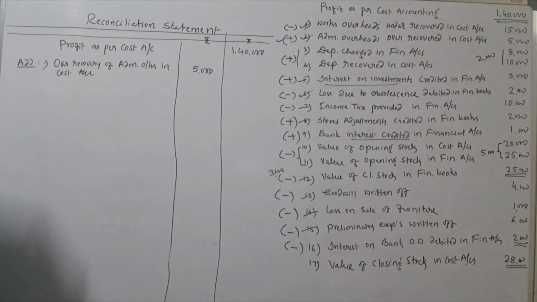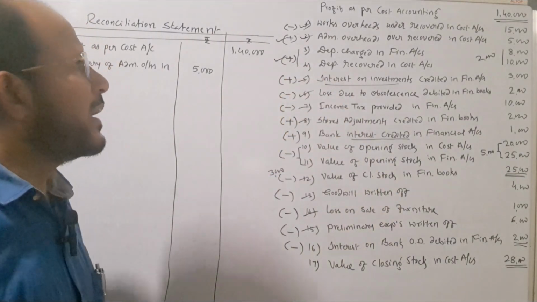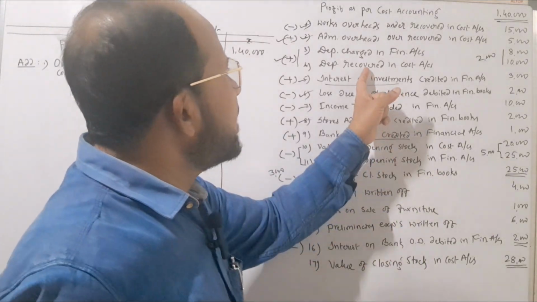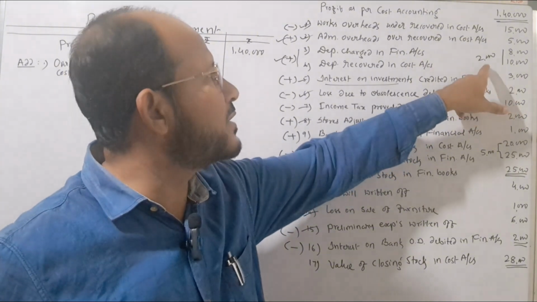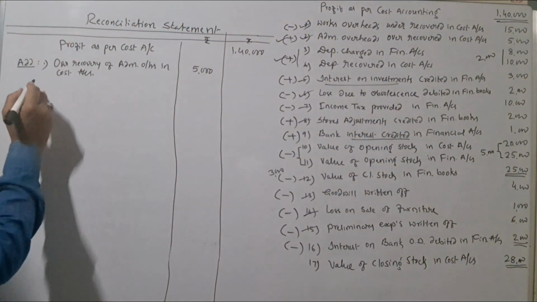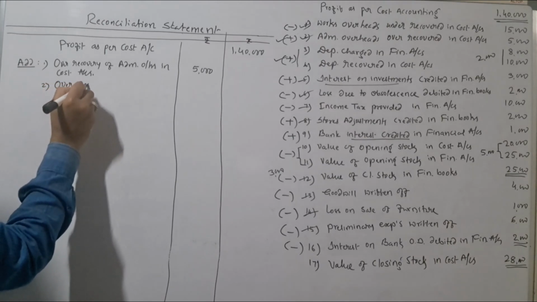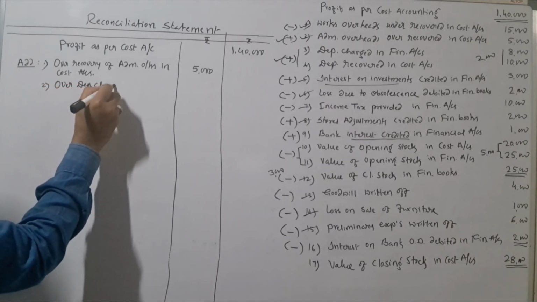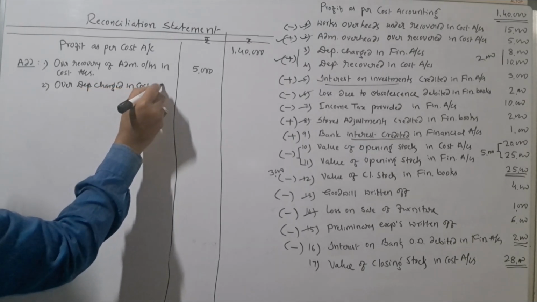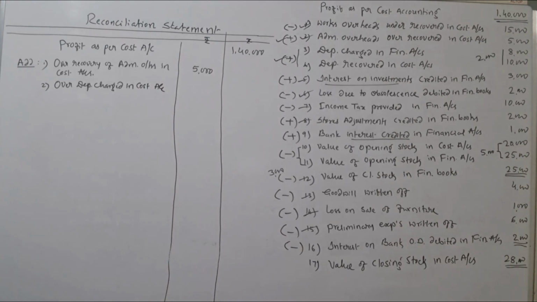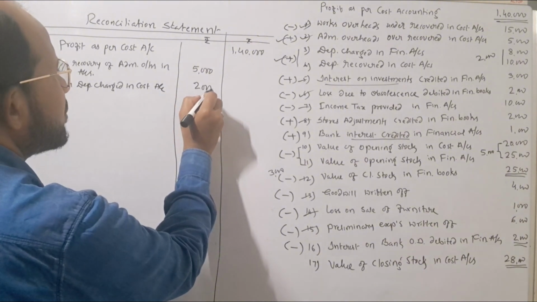Next one is depreciation, where more depreciation is charged in cost accounting. Rupees how much? 2,000. Only the difference is to be taken. That is why number 2, over depreciation charged in cost accounts, or more depreciation is charged in cost accounts. You can write like this. Rupees 2,000.